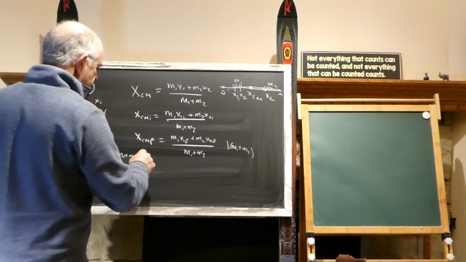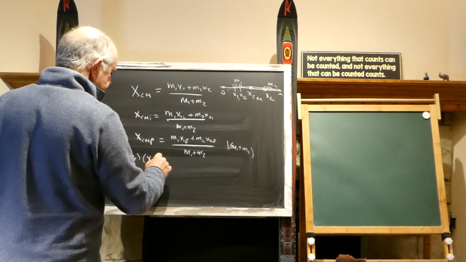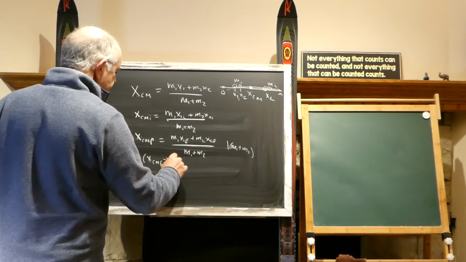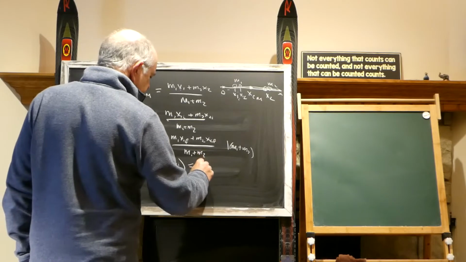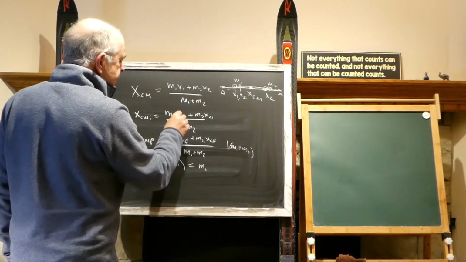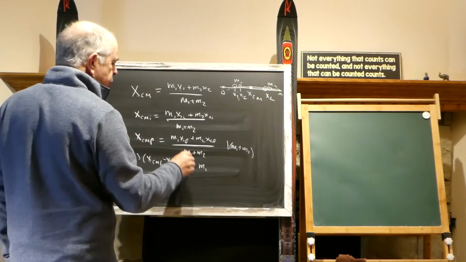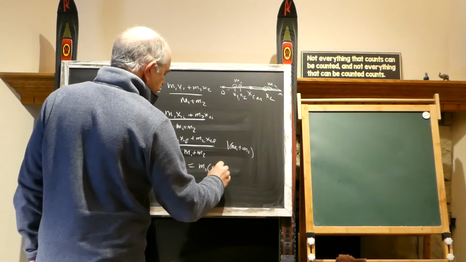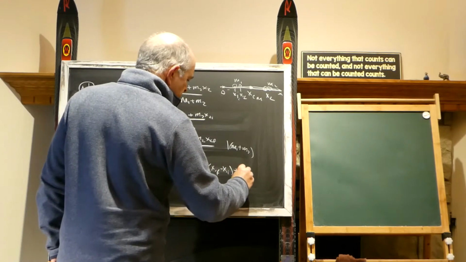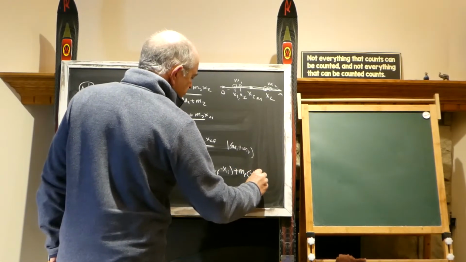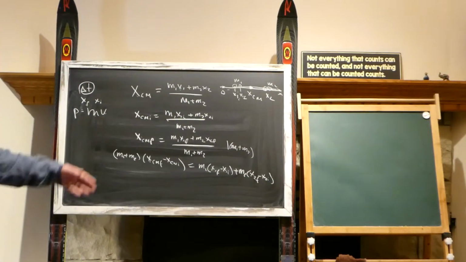So I will say m1 plus m2 times x center of mass final minus x center of mass initial. And here I subtract and group everything that relates to x1 and everything that relates to x2. So when I subtract, this would be m1 times x1 final minus x1 initial plus m2 times x2 final minus x2 initial.